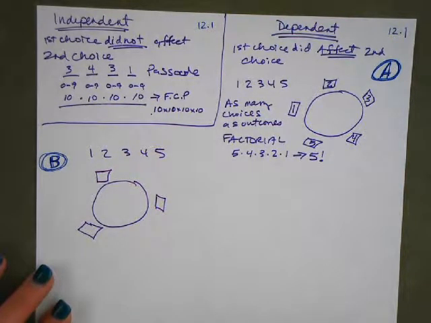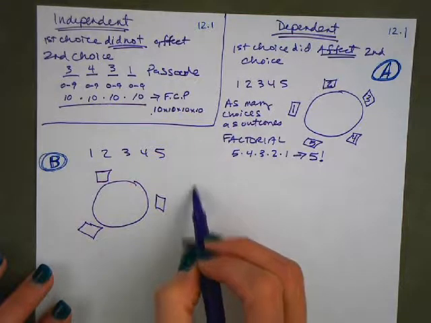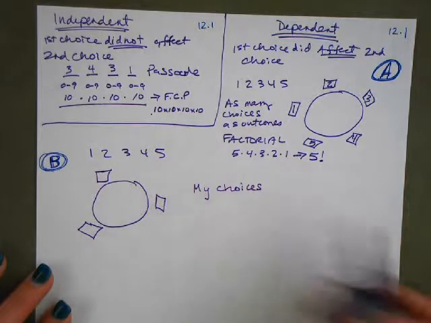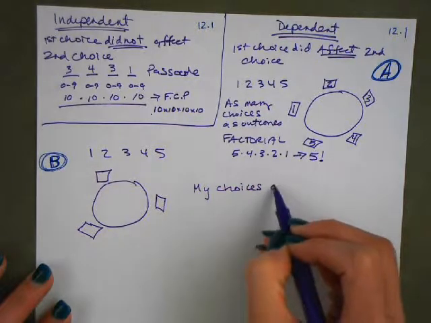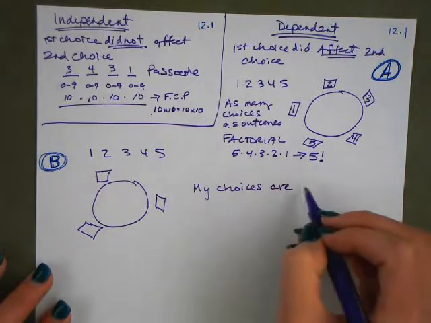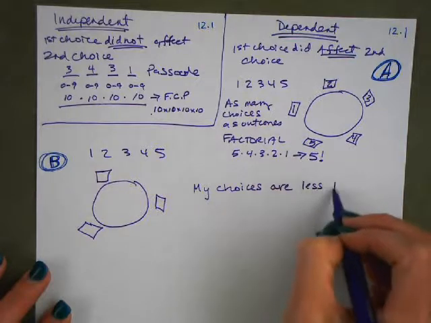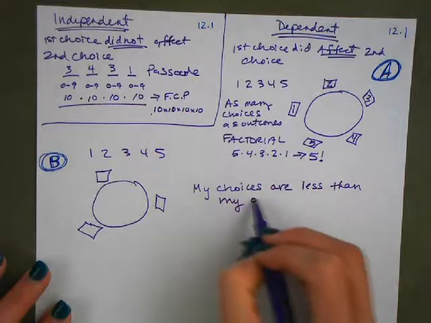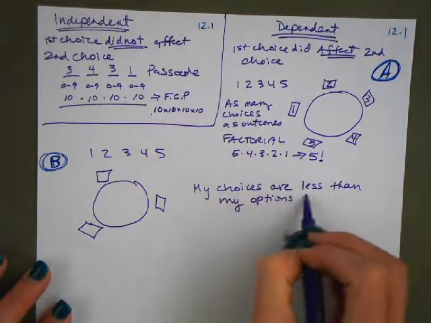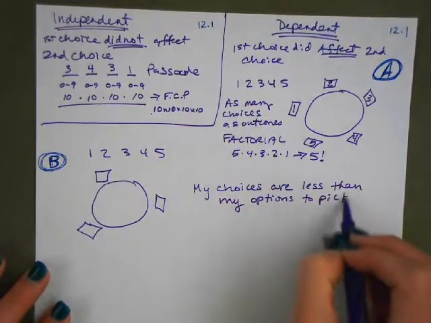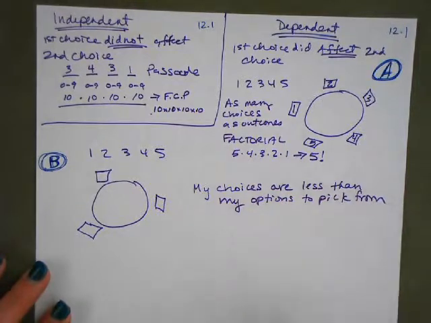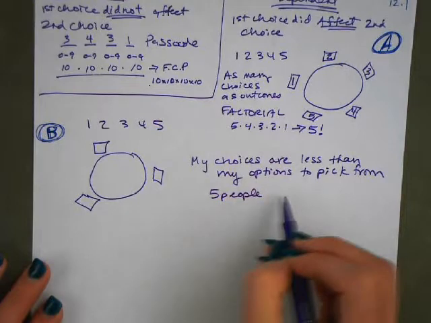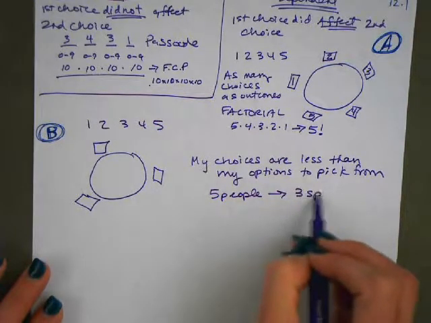So now my choices are less than my options to pick from. Here I have 5 people, but I only have 3 spots to put them in.